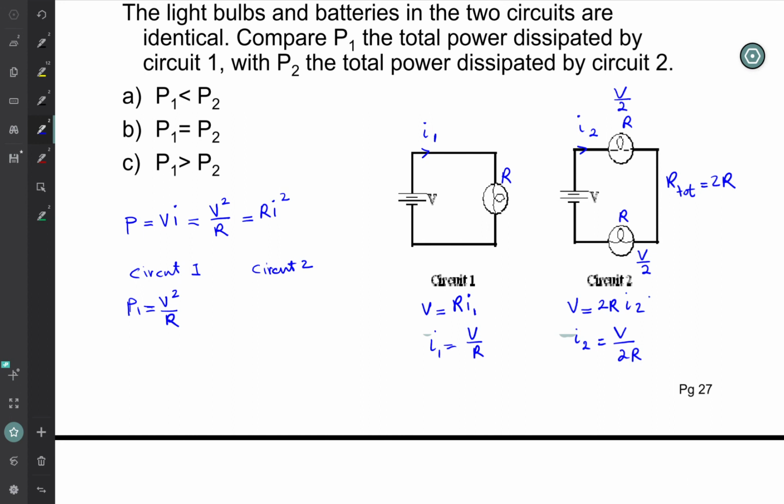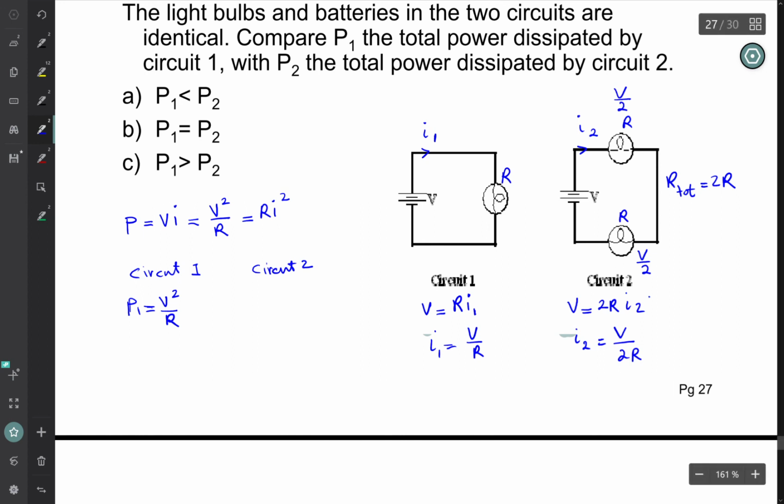Now, if I want to calculate the total power, I add the power dissipated in each light bulb. So P2 would be the power from the top bulb, V squared over 4R, because V over 2 squared is V squared over 4, plus V squared over 4R for the bottom bulb.